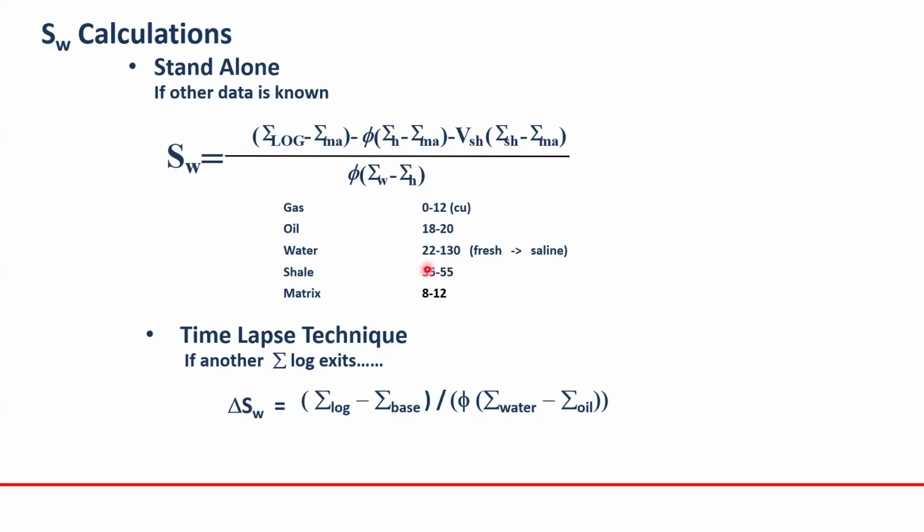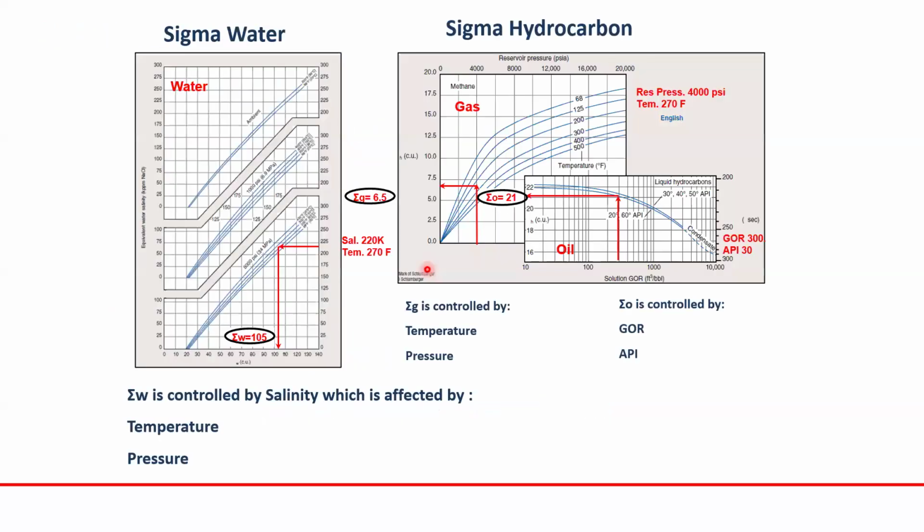Okay, this is how to get the parameters in reality. So how much is the sigma water, how much is sigma oil, and sigma matrix, it's easy. Sigma water is controlled by salinity, which is affected by temperature. This is a chart from Schlumberger. You have salinity and temperature, so it gives you the sigma water.